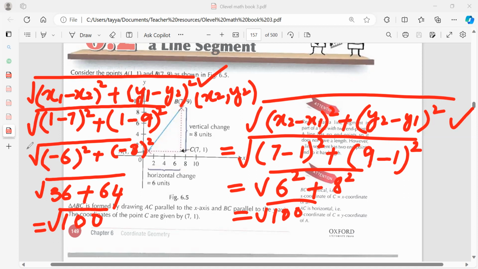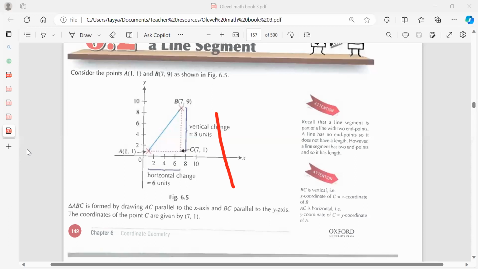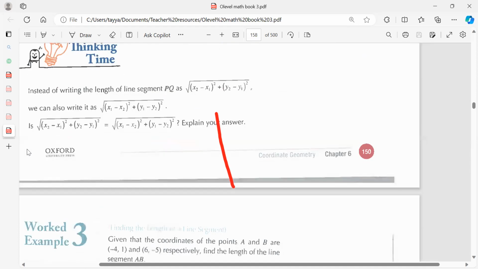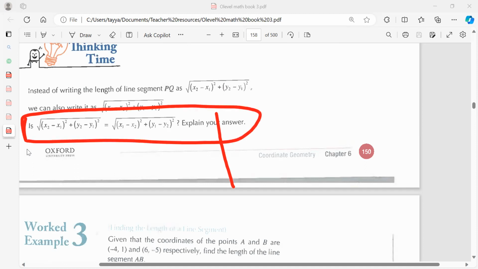Yes. Okay, now we are moving forward. So this is the explanation I have done for you, because both formulas are the same.